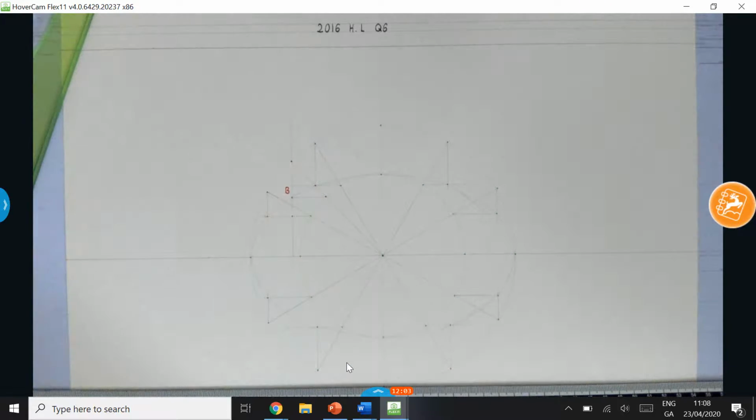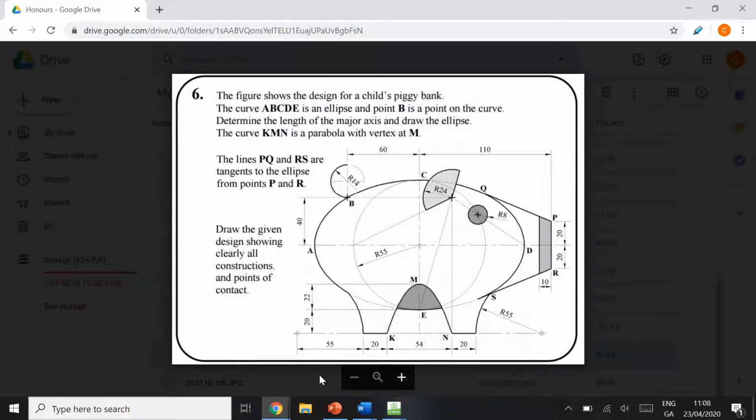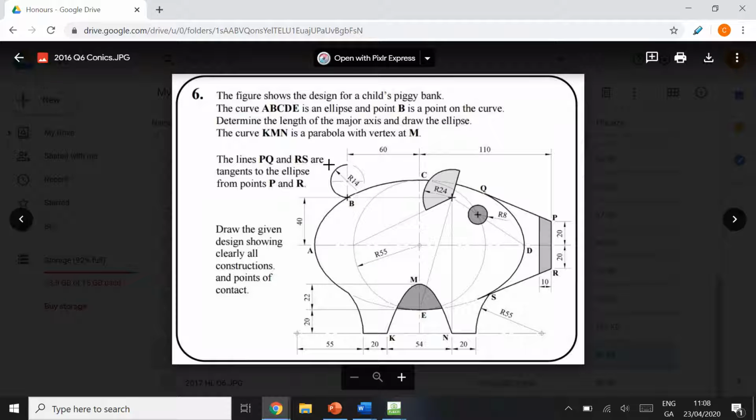Okay, so just with the construction line, draw a freehand sketch, and that is the ellipse done of that question. So we have the ellipse done here now.